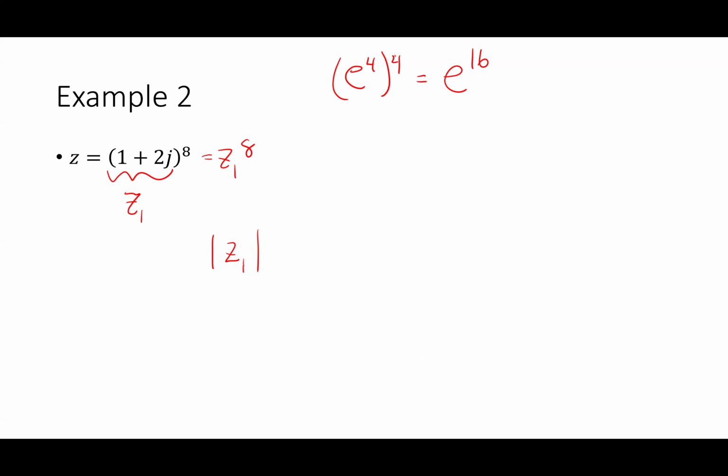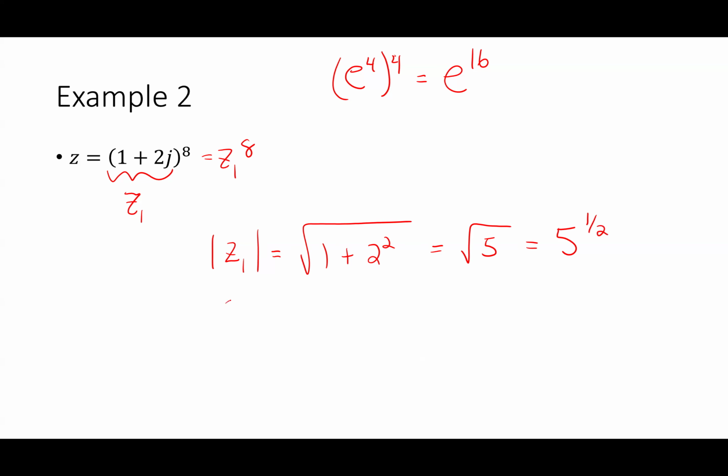How do I figure out the magnitude of that guy? Square root of, yeah, 1 squared plus 2 squared, which is the square root of 5. Which is also, if I write that in terms of exponents, 5 to the 1/2 power.